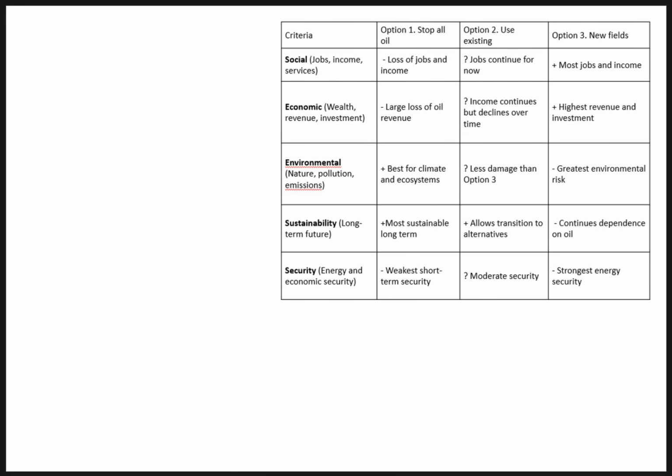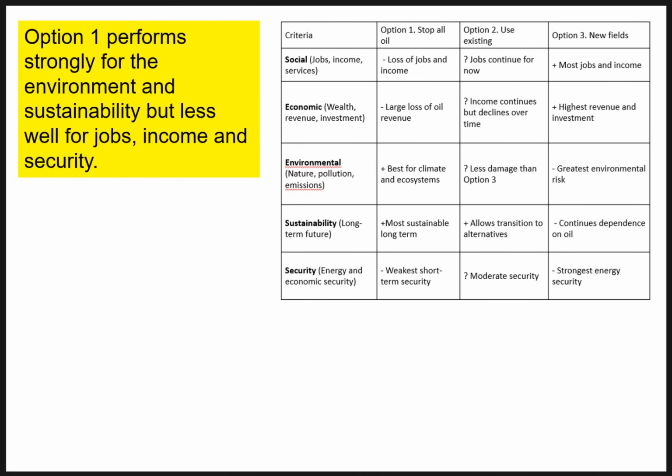When I say I put a little minus figure there, a little plus figure there, you can do this on your resource itself, or you can draw something. Just remember the SEE and then the 2 S's. So socio-economic, environmental, SS. So we can see option 1 performs quite strongly on the environment.